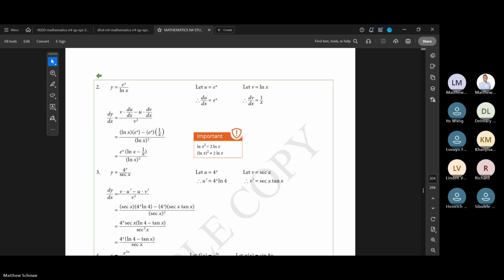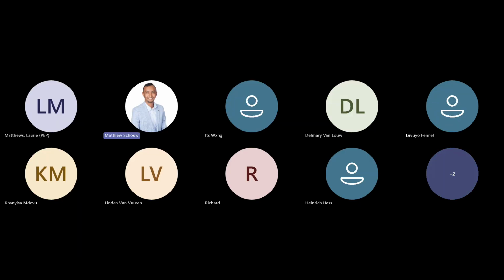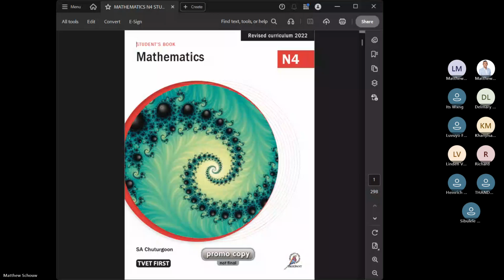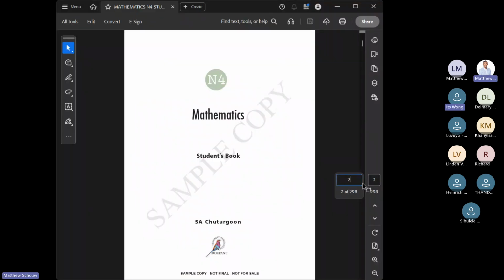Now we do product and then quotient. All right, let me try to do this again. I should be sharing the book now.